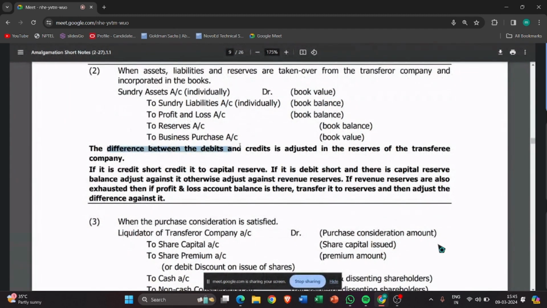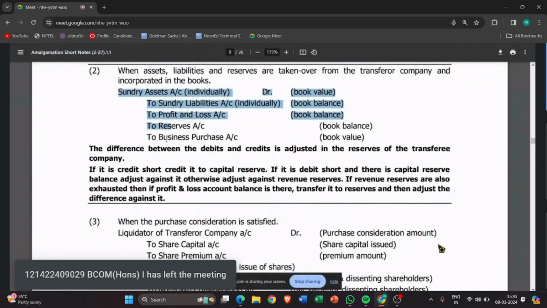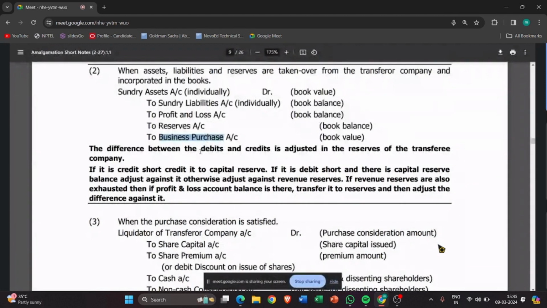Whatever is the difference between the debit and credit is adjusted to what is called capital reserve or general reserve. Here in the books of the transferee, whatever is the difference between net assets, that is assets minus liabilities, and the amount of purchase consideration is treated as a reserve of the transferee company itself, right?